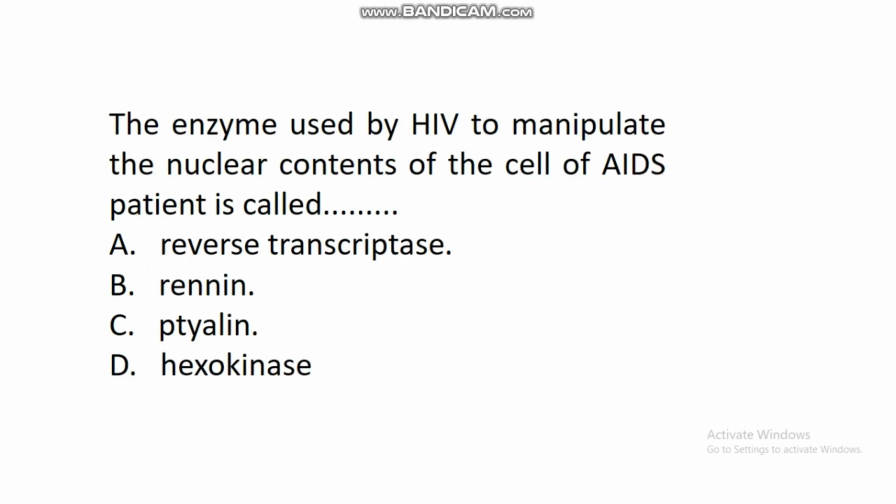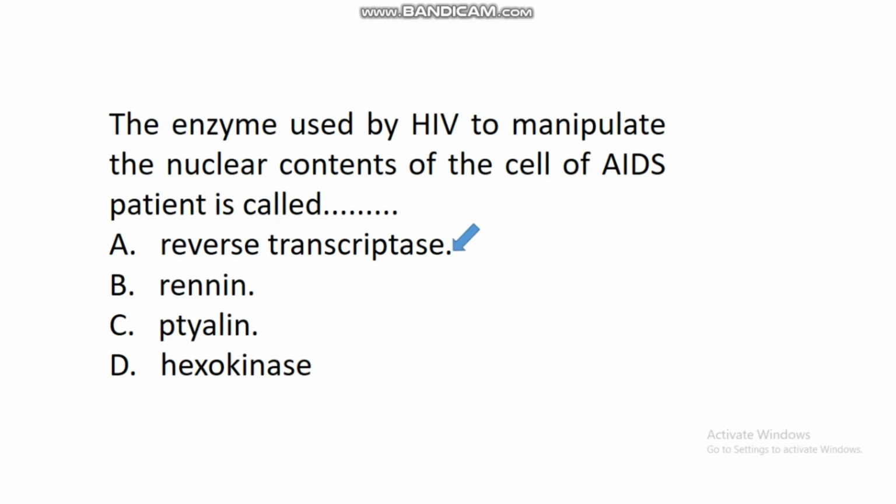The next question says, the enzyme used by HIV to manipulate the nuclear contents of the cell of AIDS patient is called dash. A. Reverse transcriptase. B. Renin. C. Thioline. D. Hexokinase. In this question, the correct answer is A. Reverse transcriptase.